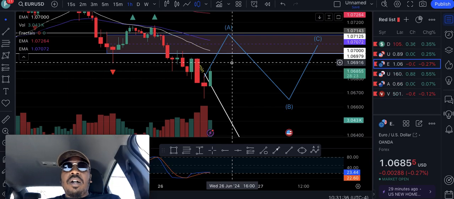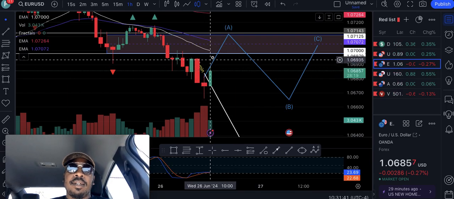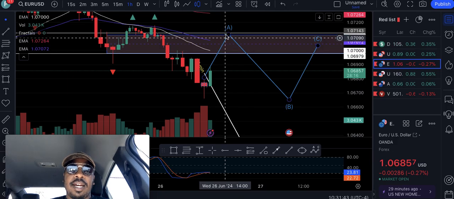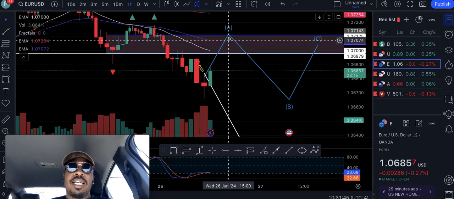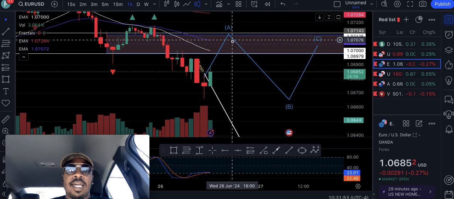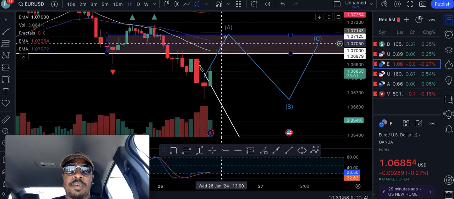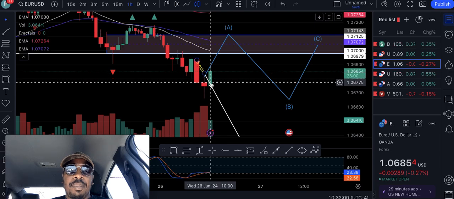Since we are on a downtrend, I want price to come back up into this area that I got marked off, and then I should see the price start going down to make lower highs. I'm expecting it to come up here, and I'm already getting a bullish candle right here.